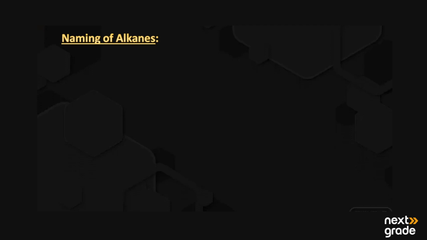Next we have the naming of alkanes. For the naming of alkanes, we have simple steps. First of all, we have to count the number of carbon atoms that are present in the formula of an alkane.